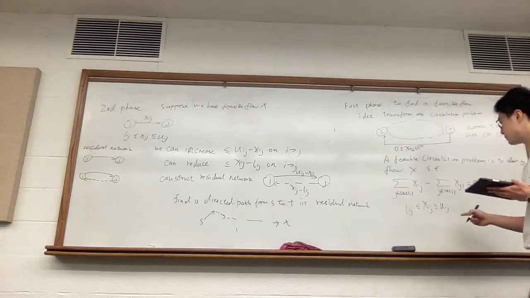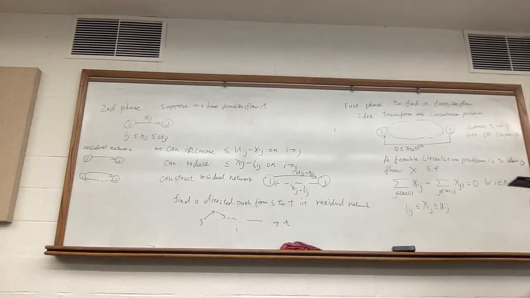A feasible circulation problem is to identify a flow X such that, for any i in N, the outflow minus the inflow is zero. Now you see the difference.